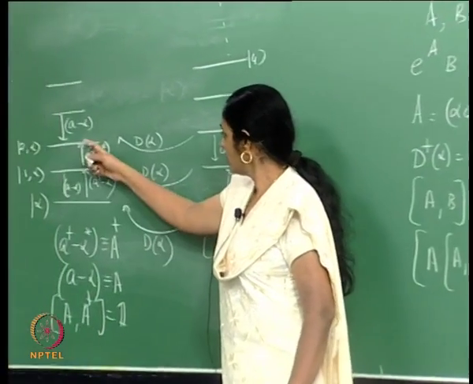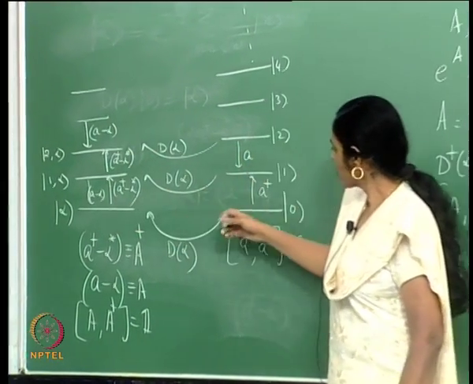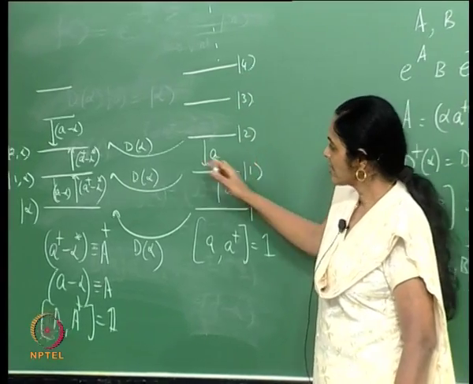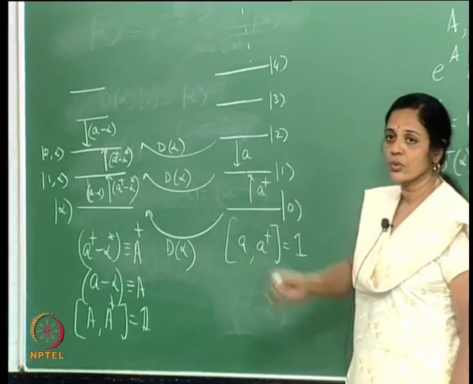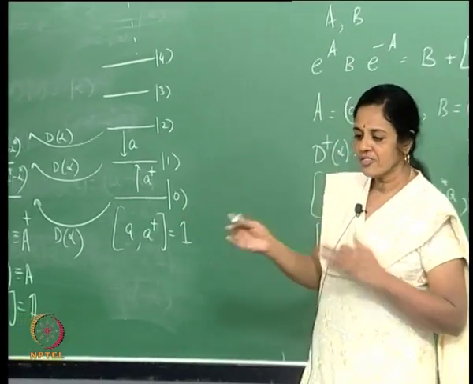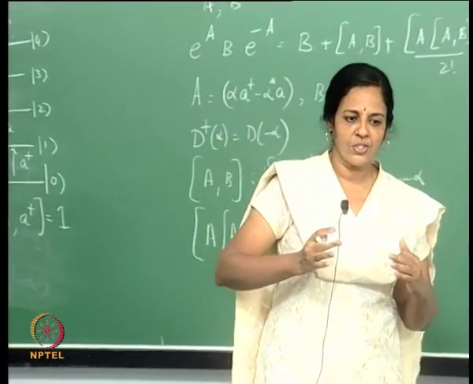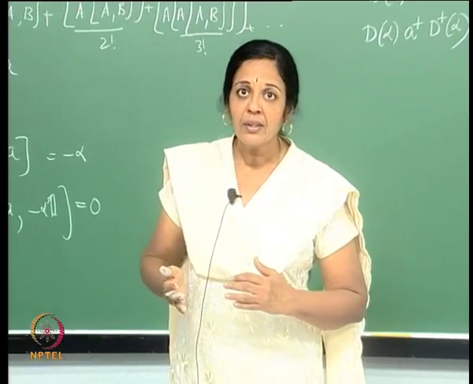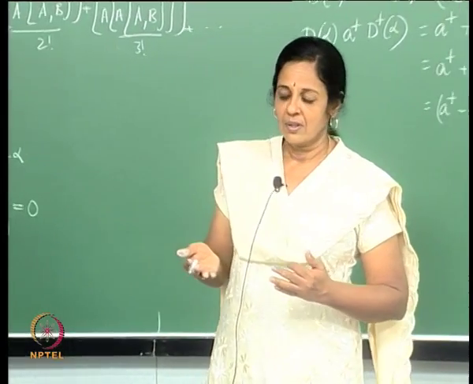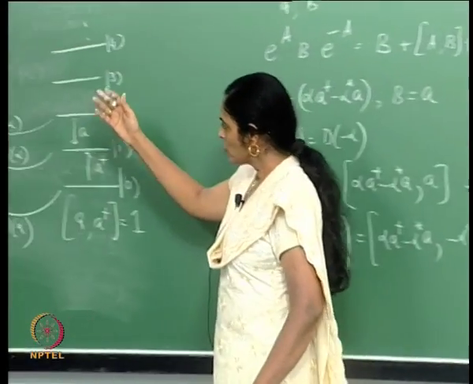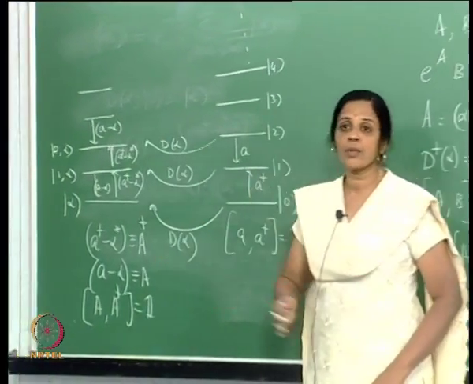These states are all orthogonal to each other as much as these states are all orthogonal to each other. The states have all been normalized to unity. And here therefore is an example of a very specific unitary transformation which has taken us from one basis set in the Hilbert space spanned by ket 0, 1, 2, 3 etc. to another basis set in the same Hilbert space.